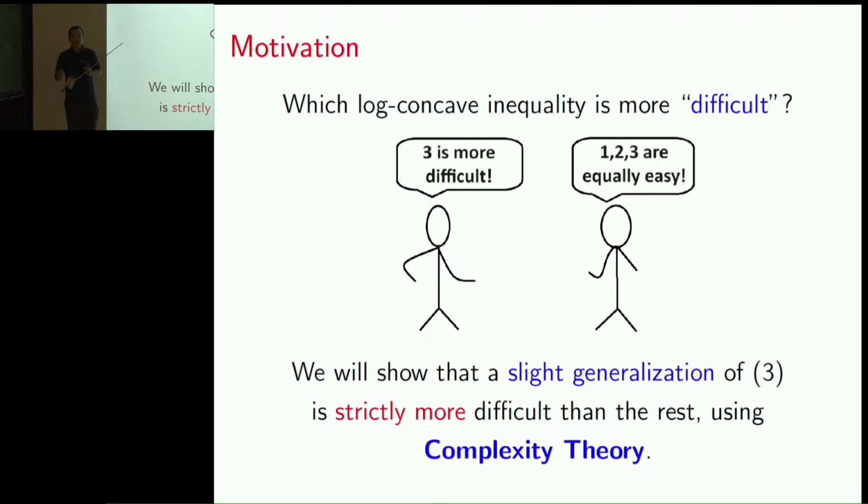That's why, in order to settle for the next best thing, today we will instead show that a slight generalization, something a bit stronger than Mason's inequality, cannot be proved by any elementary means, cannot have any injective proof. That is what we are going to show today.